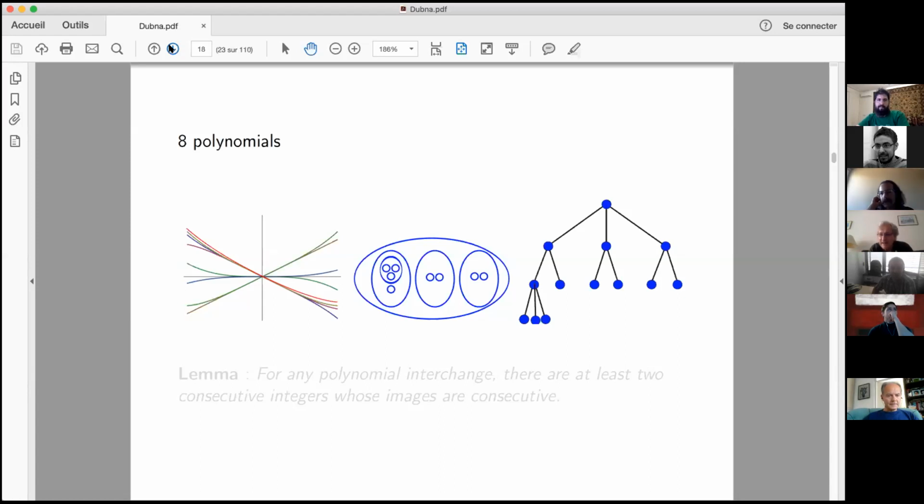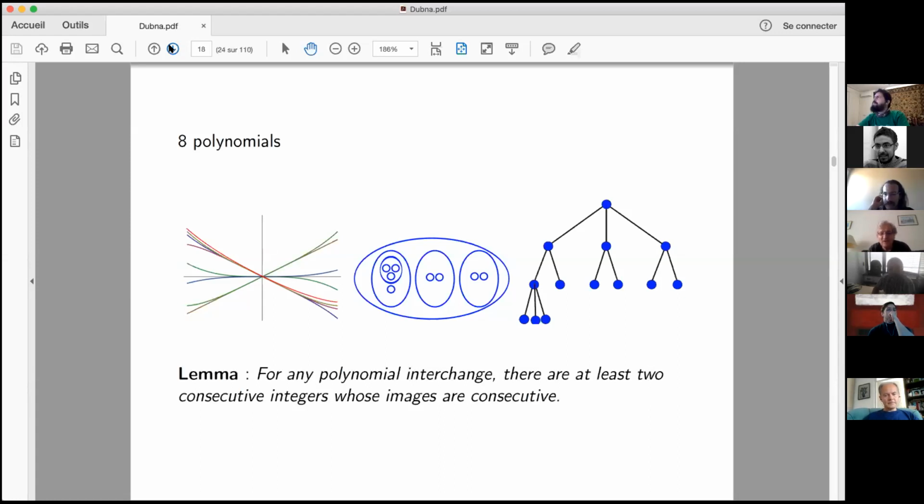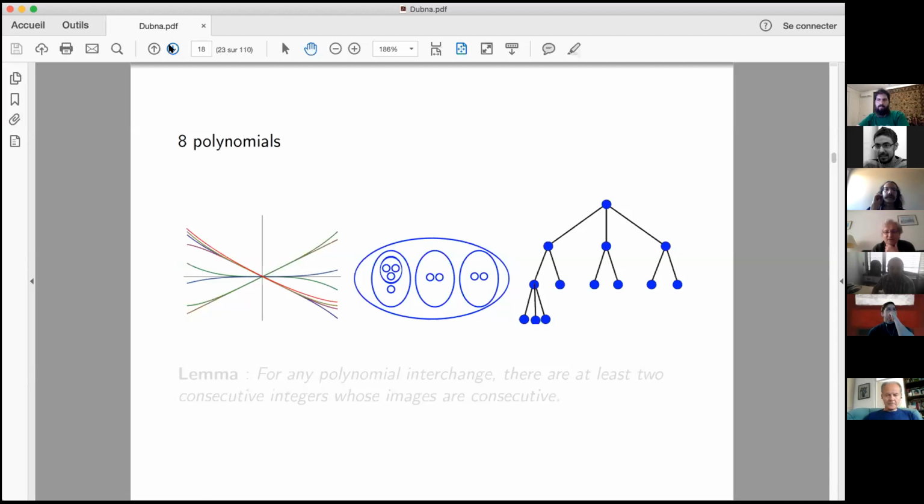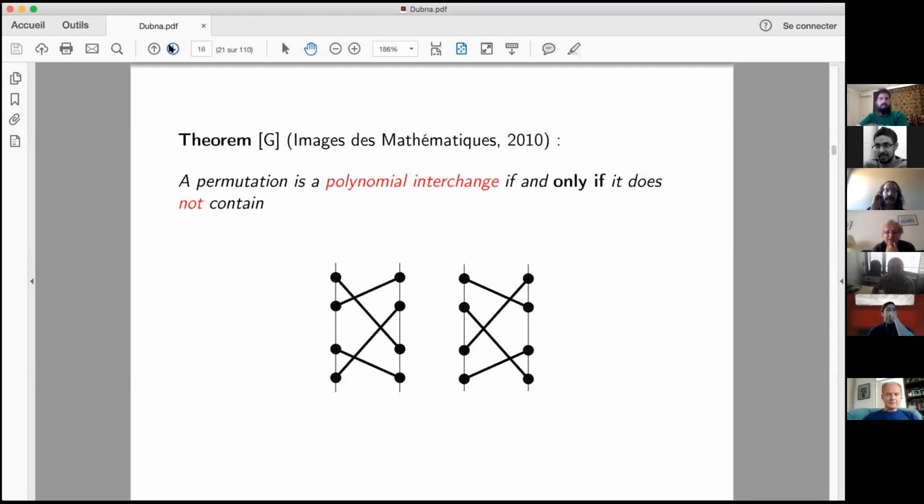And the key lemma, you will see it's easy, but the key lemma is this. If you have a polynomial interchange, I claim that at least 2 consecutive integers in my permutation have images which are consecutive. Let's come back to the permutation of Conceivage.